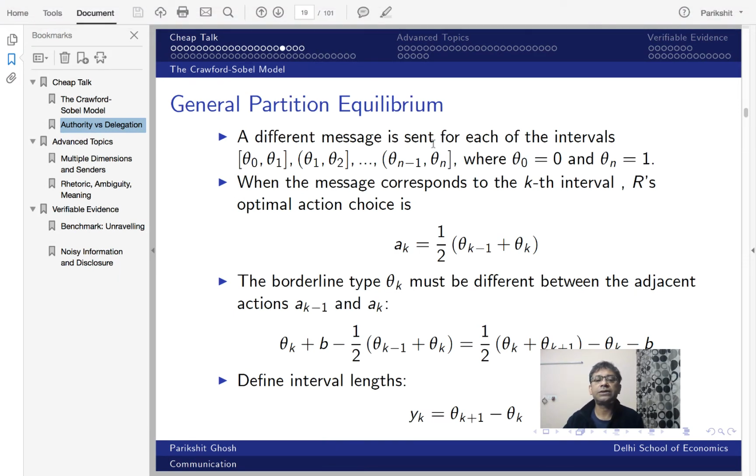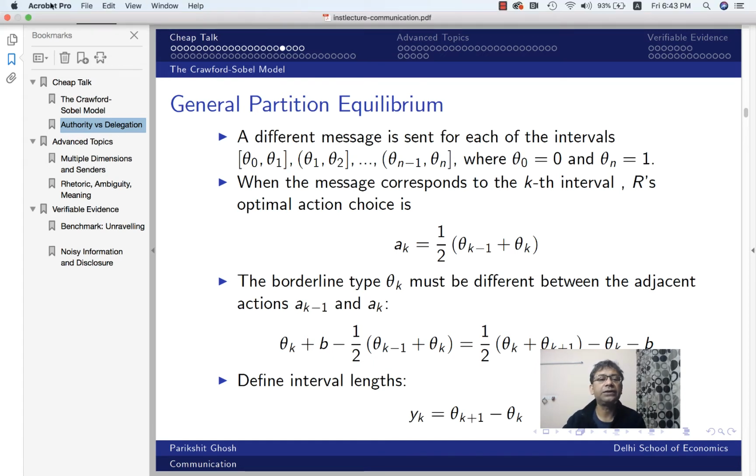So here's the description. General partition equilibrium of the Crawford-Sobel model. So the range of possible thetas is broken up into these intervals, right? So here we are looking at a partition with n intervals, not just two, some general n. And so let me draw a picture to make it clear.